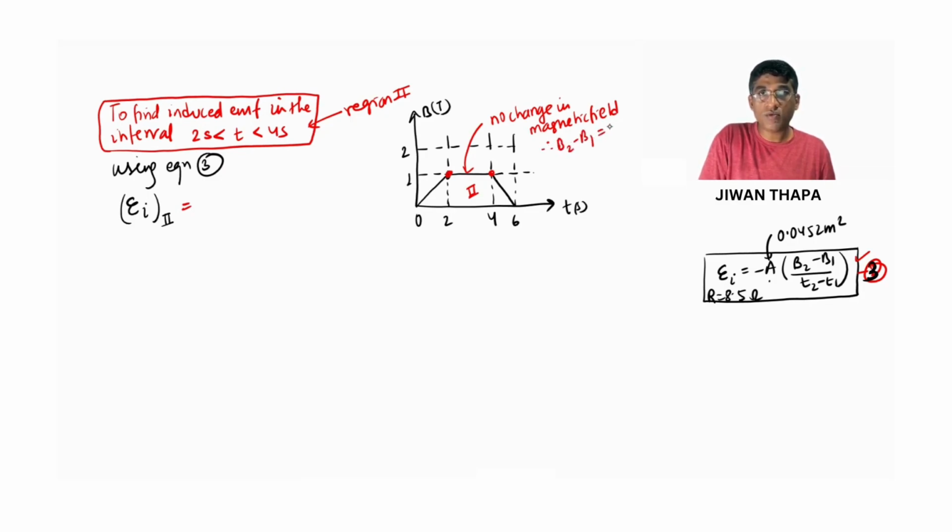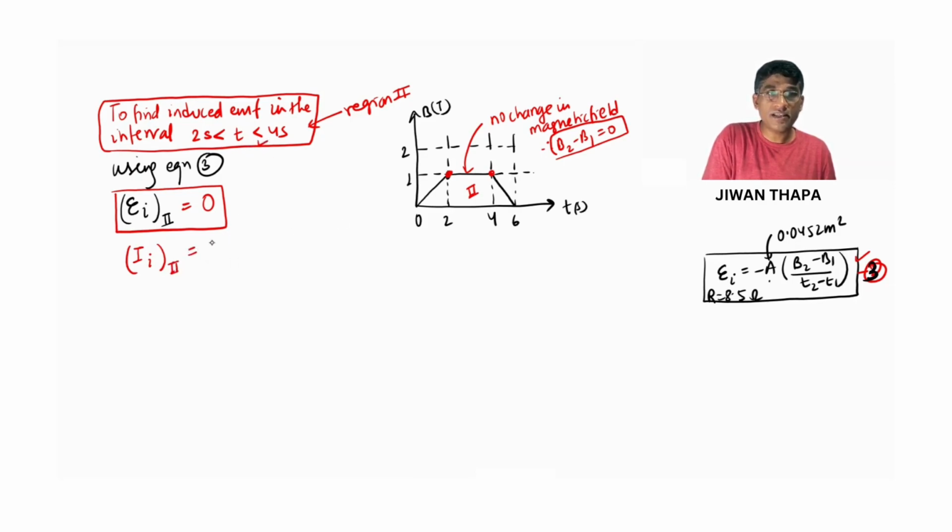Therefore, what we get is B2 minus B1 equals 0. So if this is 0, then induced EMF is 0. And if induced EMF is 0, then induced current for this interval of time, or for region second, equals 0.